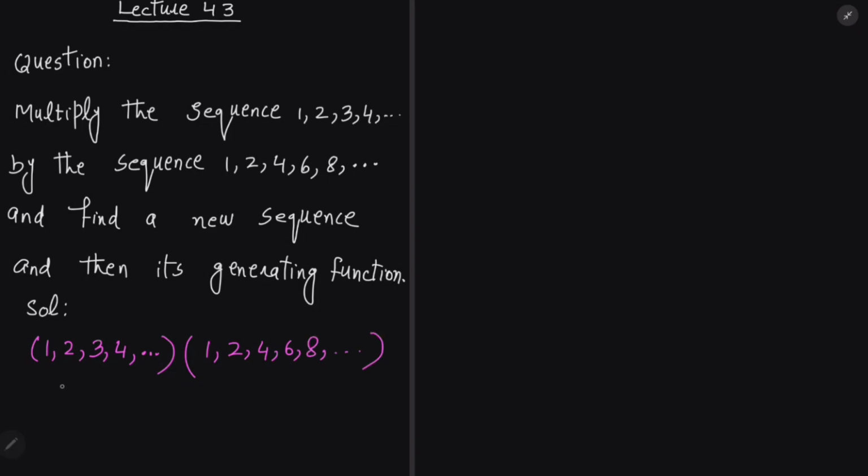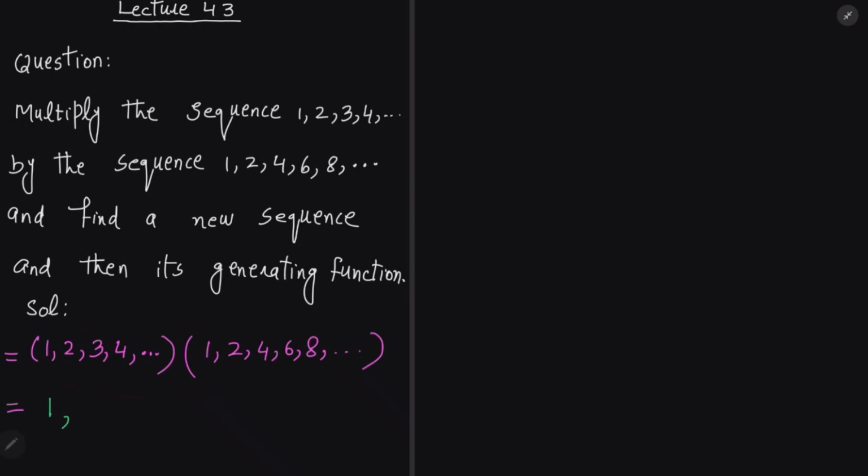When you multiply these two sequences, you multiply the first term with the first term of the second sequence, so you get 1. And the next term you get is when you multiply 1 with 2 and 2 with 1.